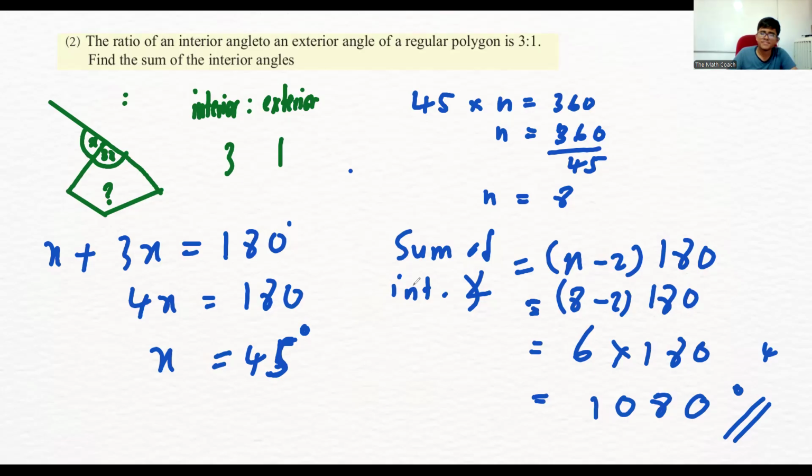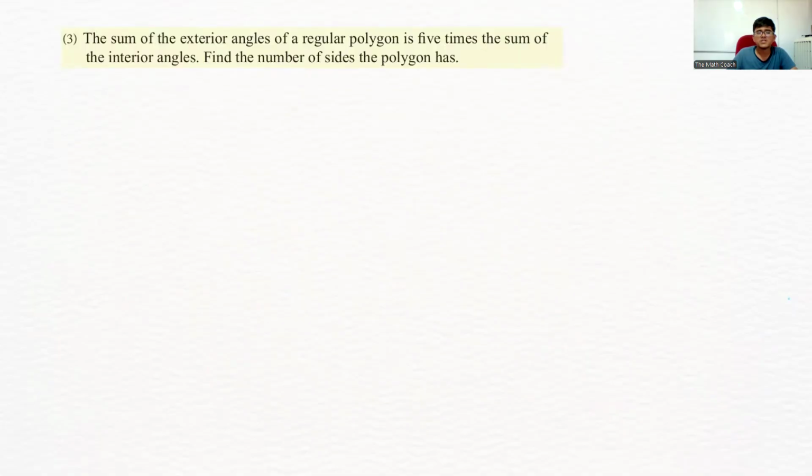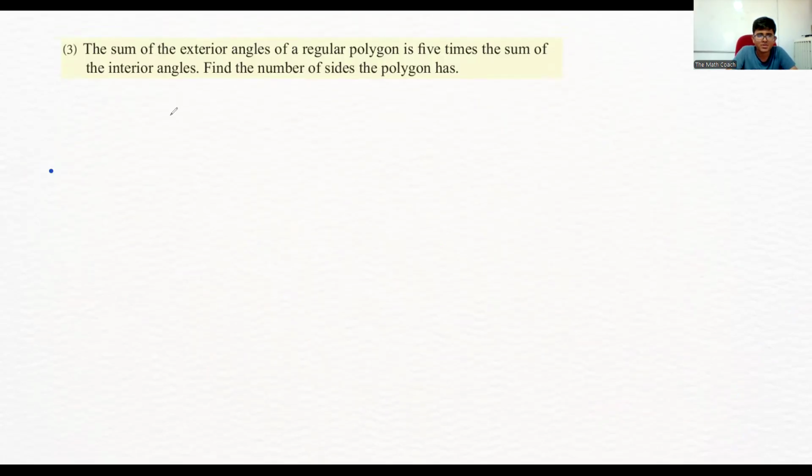We have the third one. The sum of the exterior angles of a regular polygon is 5 times the sum of the interior angles. Tell me, what is the sum of the exterior angles of a polygon?